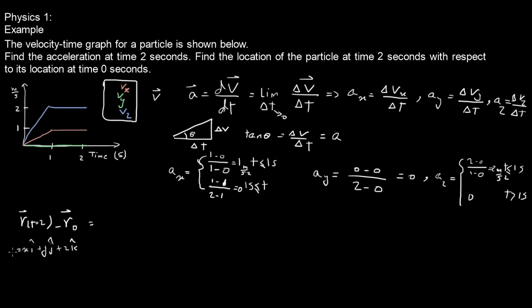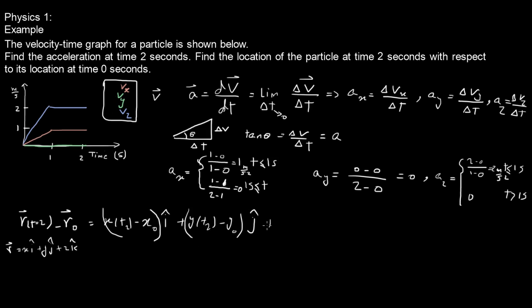So this is the r. So therefore this is x at time t2 minus x naught i hat plus y at time t2 minus y naught. Let's put them in parentheses.